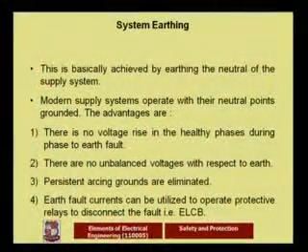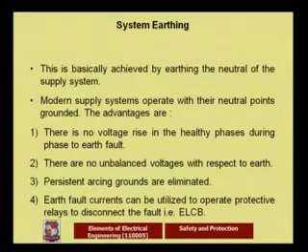So there is no chance of a rise of potential in the healthy phases, no unbalanced voltages in the healthy phases. Arcing grounds are going to be limited, meaning arcing will not take place on the ground side or protection side if we have achieved the system earthing by the neutral side.